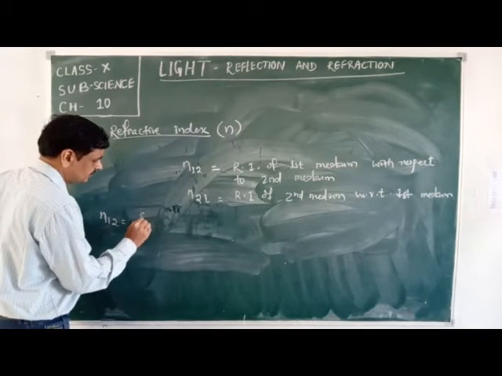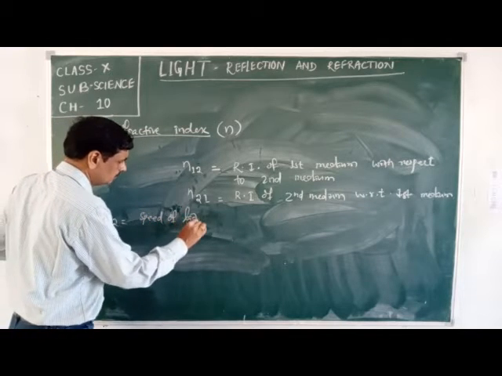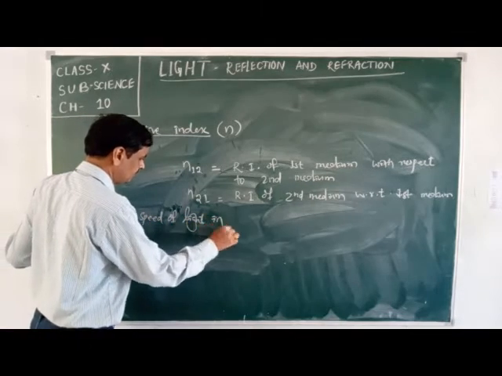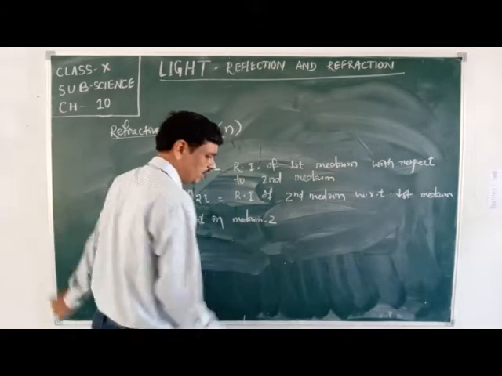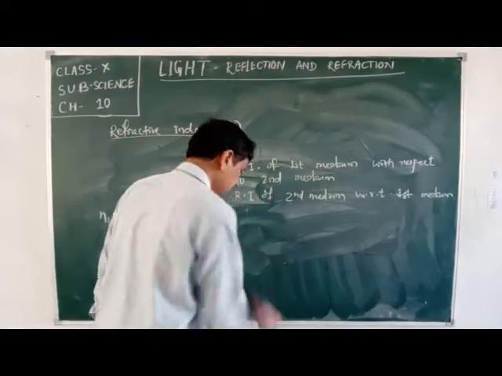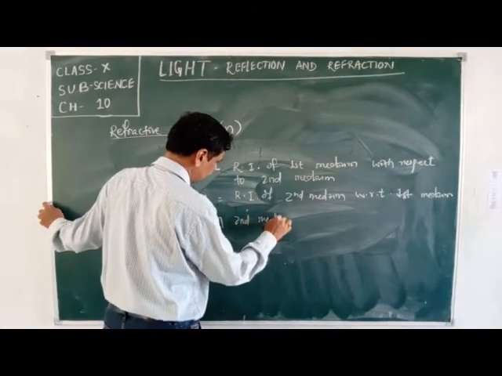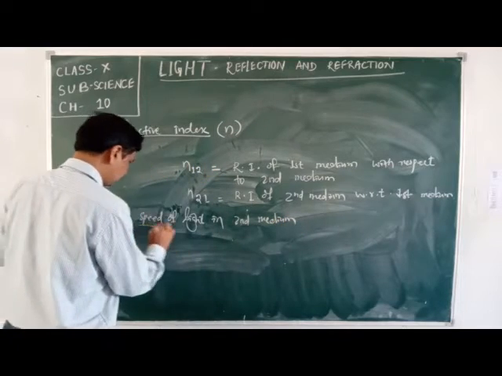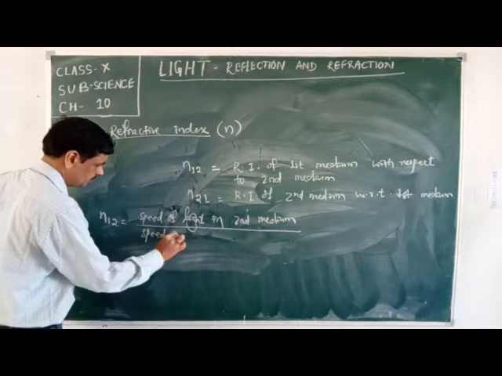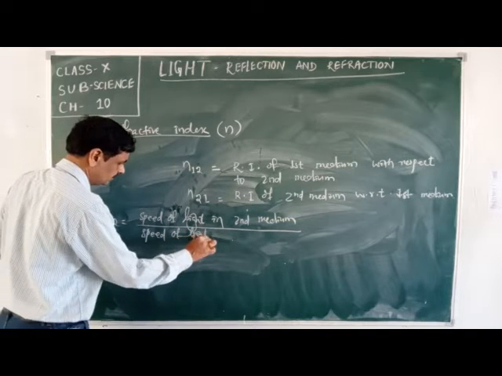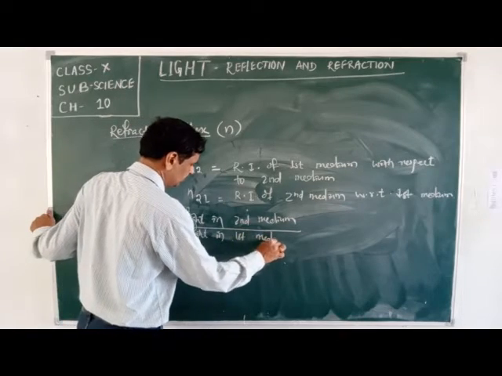Here, it is the speed of light in medium 2, or second medium, divided by the speed of light in the first medium.